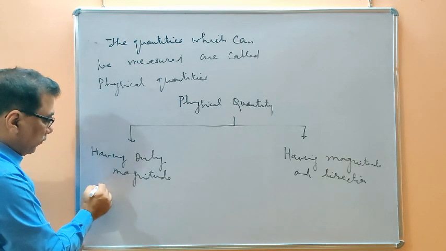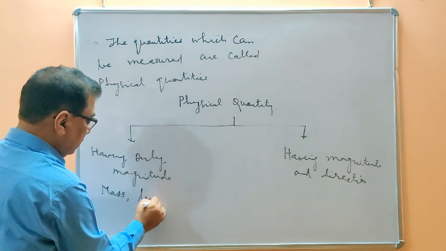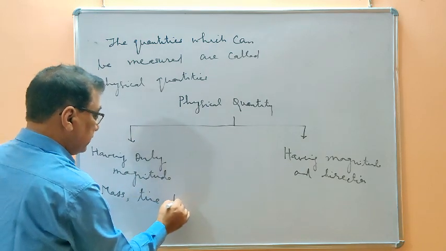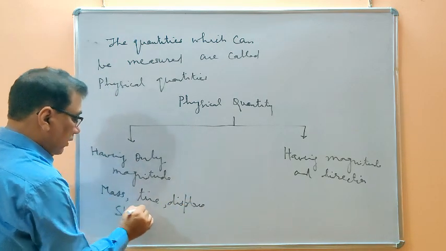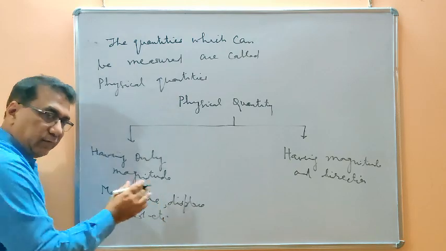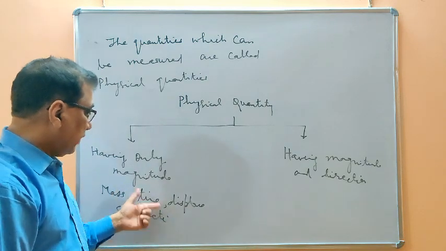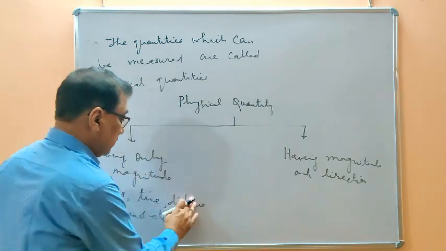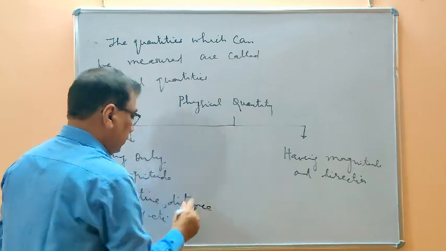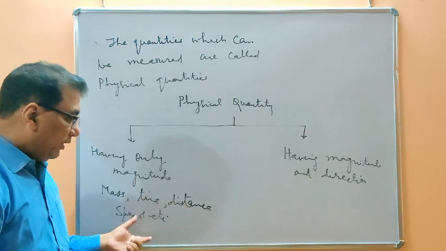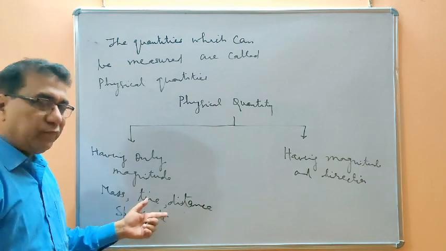I can give you some examples here: mass, time, distance, speed. A lot of quantities are of this type. So when you go for the measurement of such quantities, we need only the magnitude of the physical quantity, and then we can go for its unit and measurement.